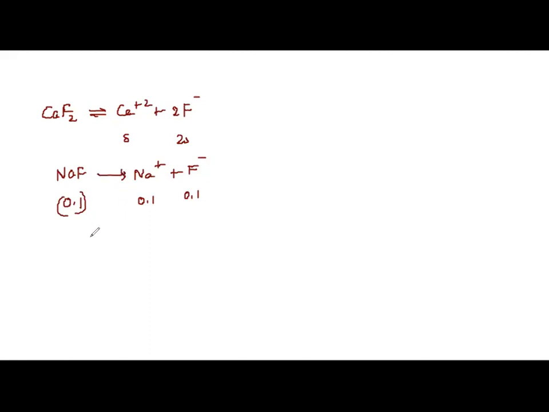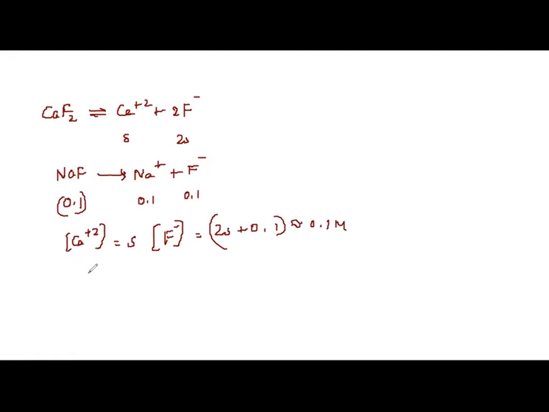So what is the concentration of Ca plus 2 ions? It is the solubility. What is the concentration of F minus ions? It is 2S plus 0.1, which nearly comes to 0.1 molar.